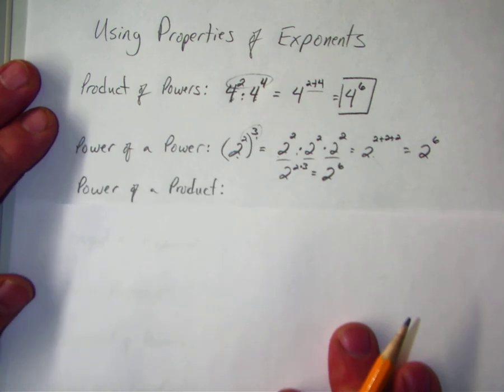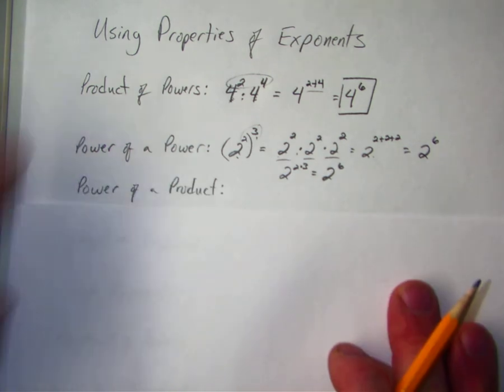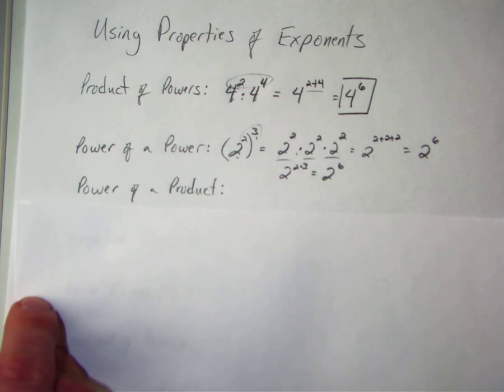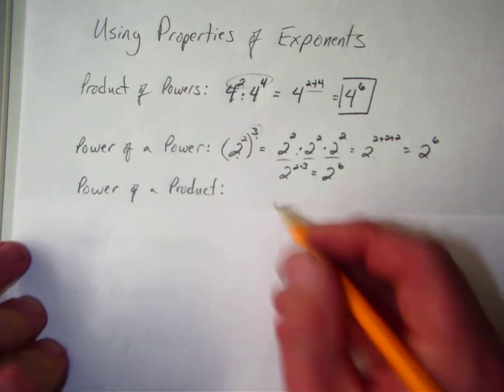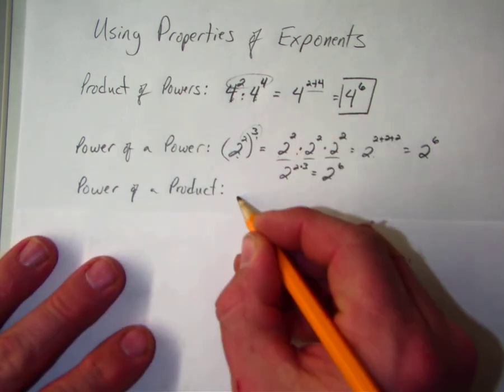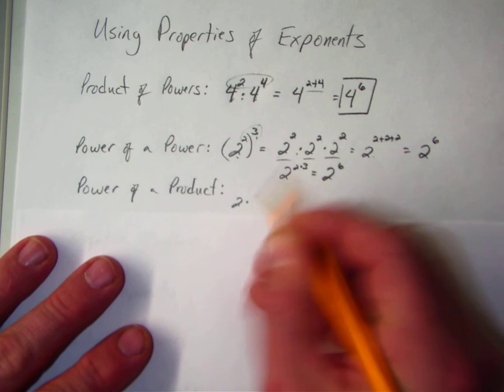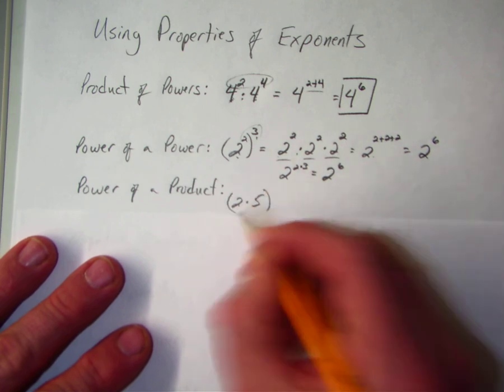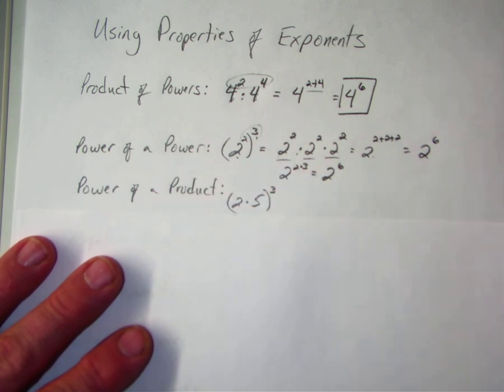The next property is the power of a product. All right, so for example, let's see, I have 2 times 5, the whole thing being cubed.